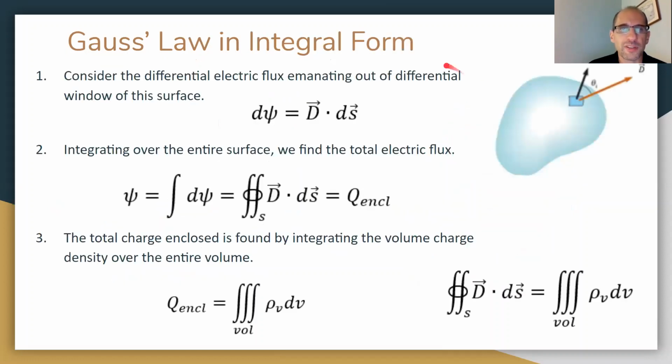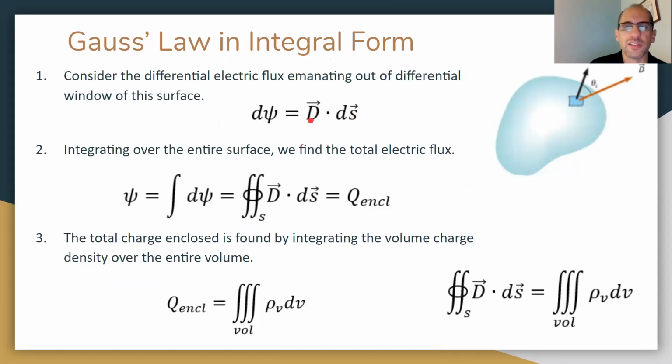Expressing this mathematically, if we consider this differential electric flux emanating out of a differential window in the surface, we can say that the differential flux d phi equals the normal part of the electric flux density at that point.